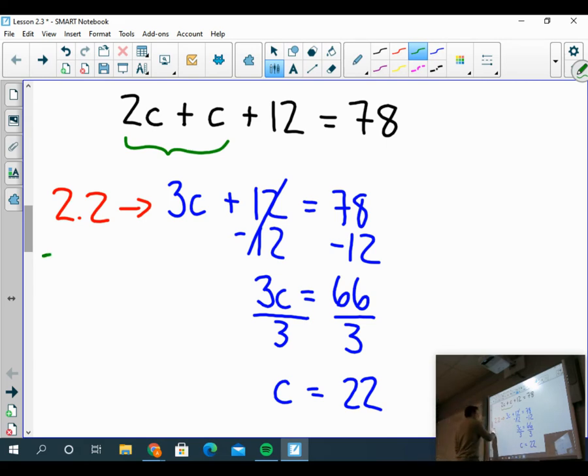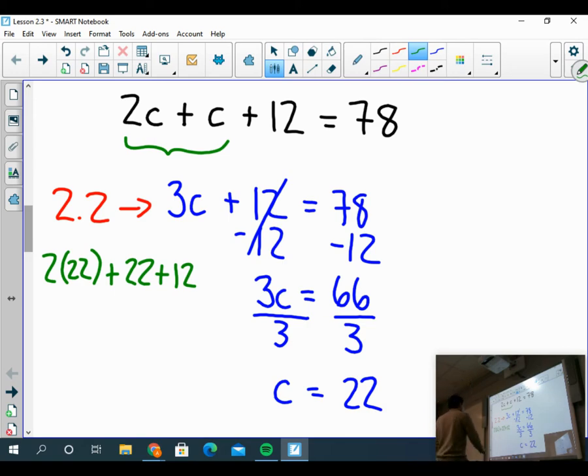So what I'm going to do is plug in 22 for C, and it's going to be a little more complex now that I have multiple C's, but nothing we can't handle. And this should all equal 78 if indeed our correct value for C, our solution, is 22.